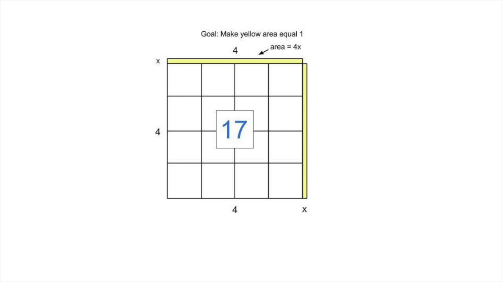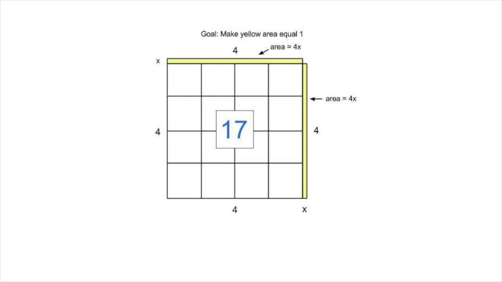First, the one on top has a width of 4 and a height of x. And we know that the area of a rectangle is the width times the height. And so the area of that rectangle is 4 times x. The other rectangle on the right has the same area. It has a width of x and a height of 4. So it also has an area of 4 times x.